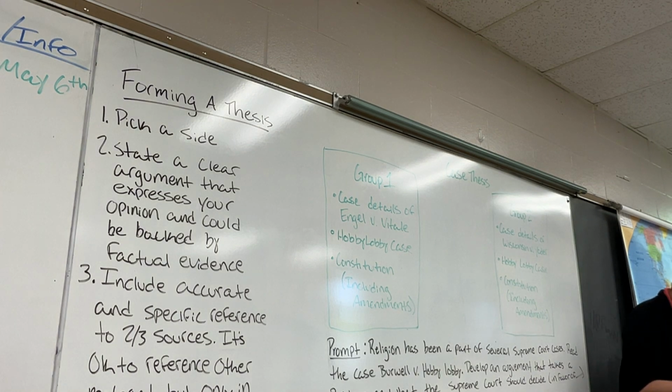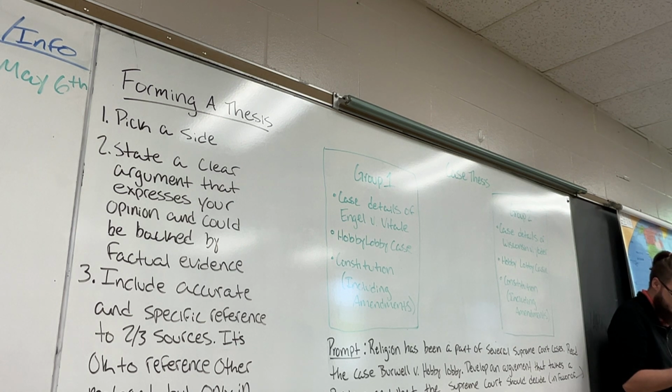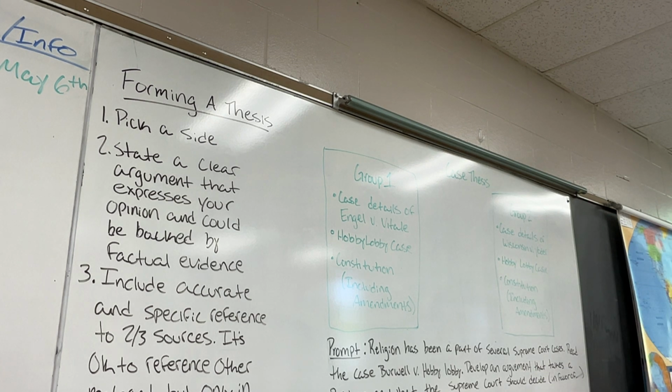I wrote, Hobby Lobby should have to pay for contraceptives because religious beliefs vary from individual to individual and should not be forced upon all workers at Hobby Lobby. Yep, so we're going on that track here. You took a side and have a defensible claim, possibly talking about a violation.